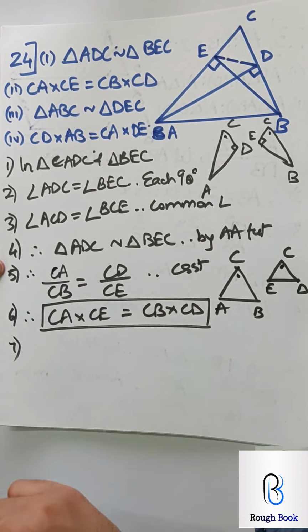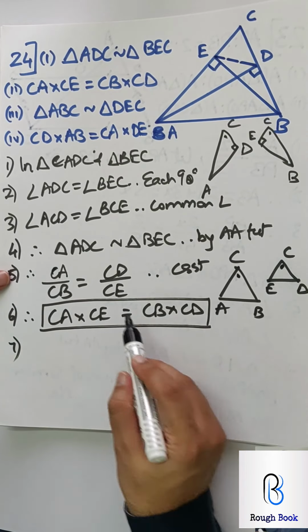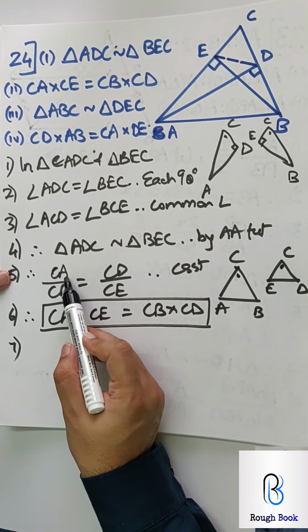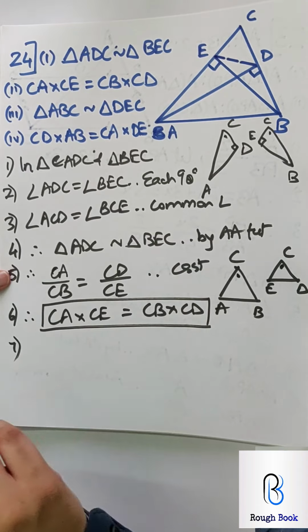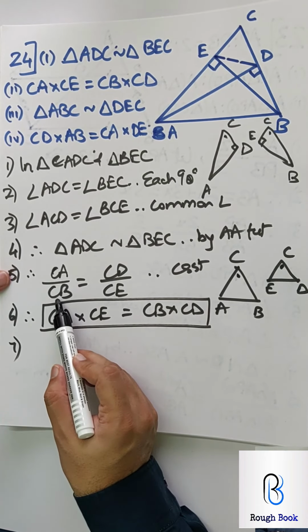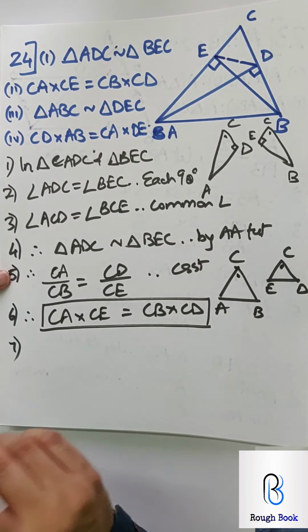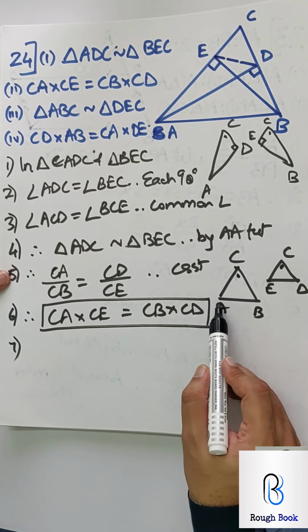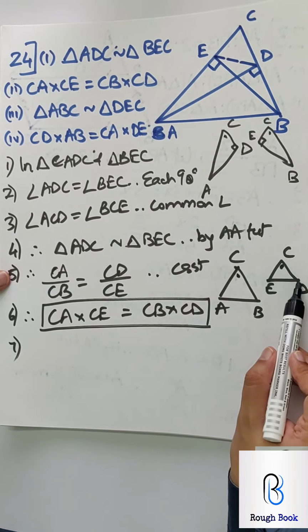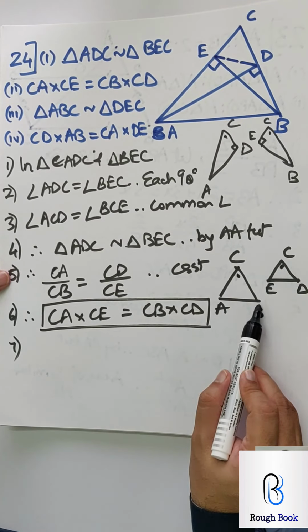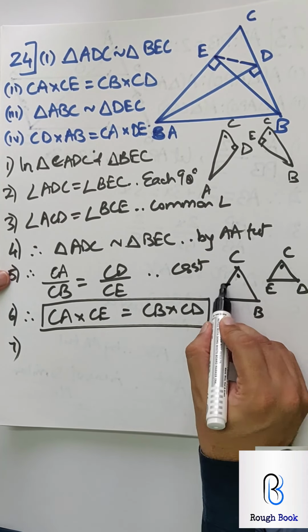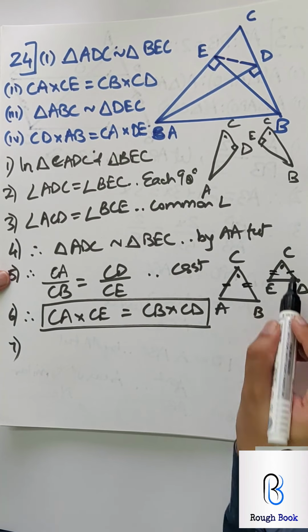If you don't get it, come back, I will help you. Now, if you look at this part over here, CA upon CD. I'm not saying CA upon CB, I'm saying CA upon CD, CB upon CE. What will happen? CA is here, CD is here, CB is here, and CE is here. So basically this with this one and this with this one.